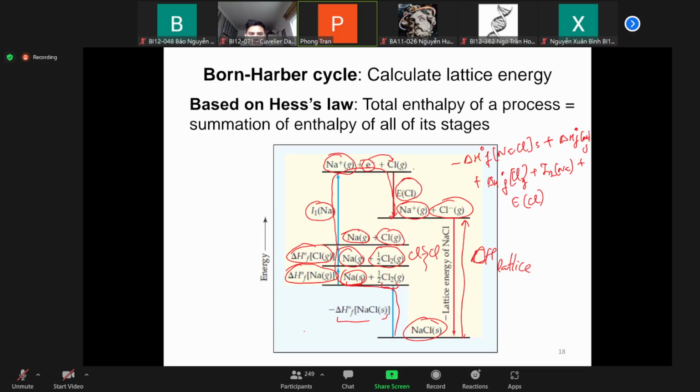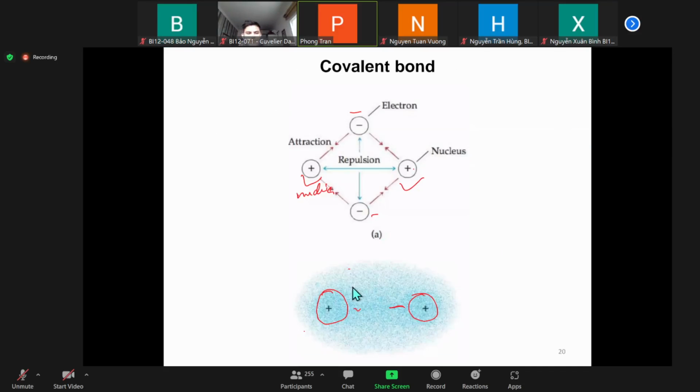Where the repulsion and attraction is optimized. Okay, so at the end you can see that you have 1 nuclei here and 1 nuclei here, and in between the 2 nuclei here in between you have high electron density, but here and here you have low electron density.